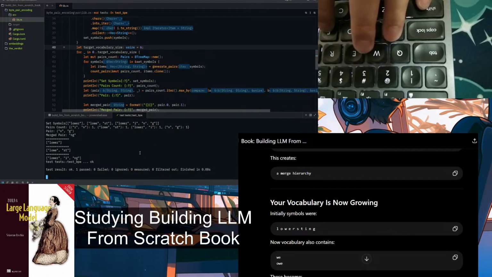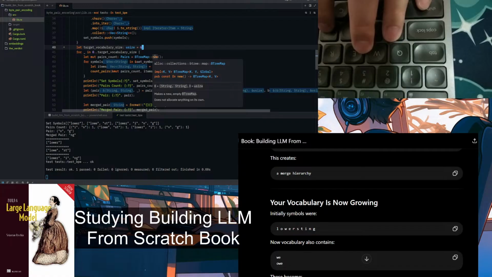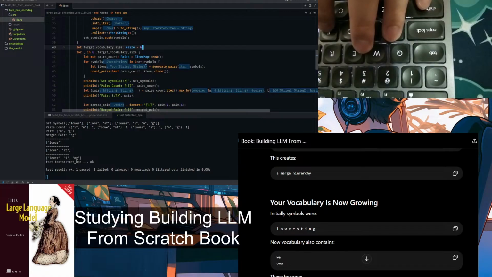The book uses a library, but since it's in Python, I'm trying to convert it to Rust. And trying to dig deeper more on the topic. So instead of me using a library, I try to implement it manually or from scratch with the aid of ChatGPT, of course.